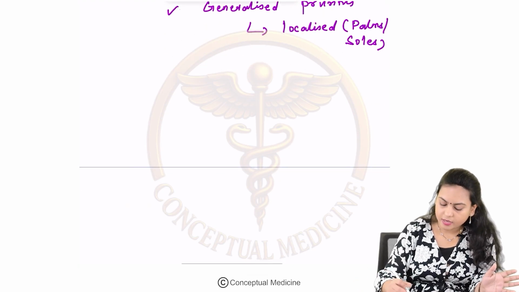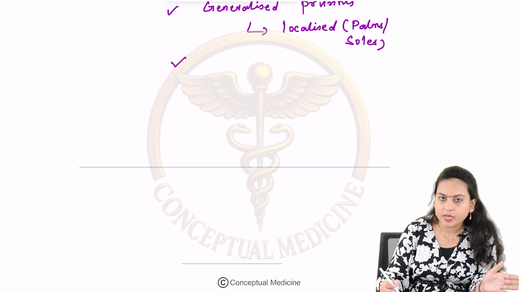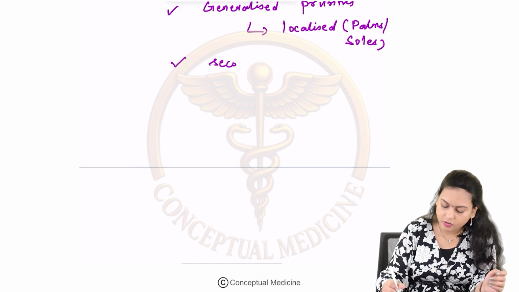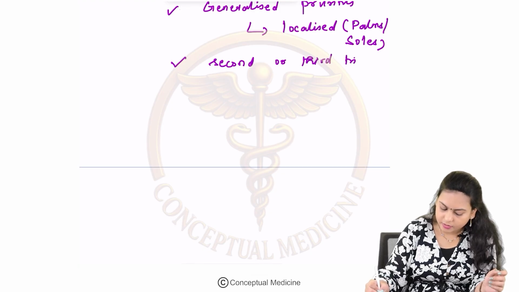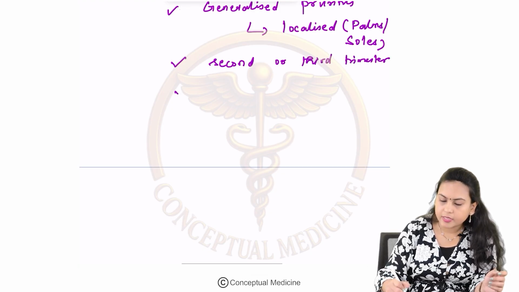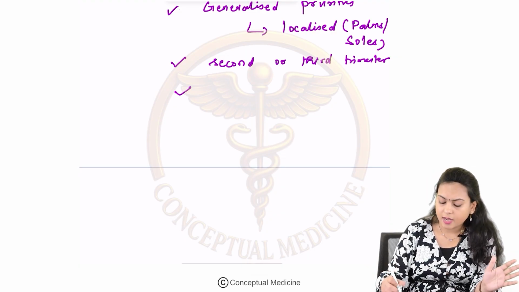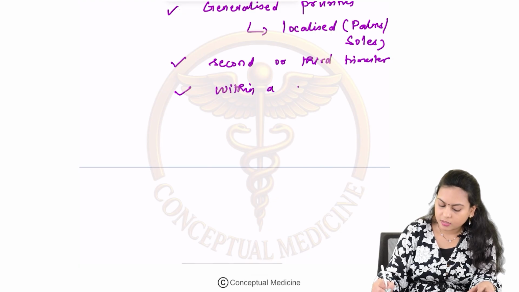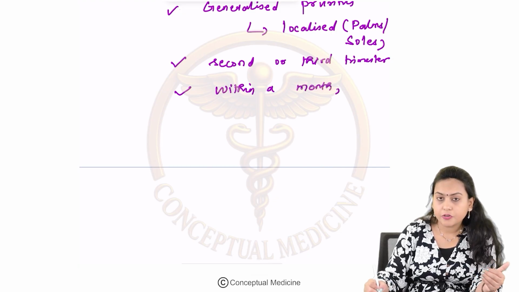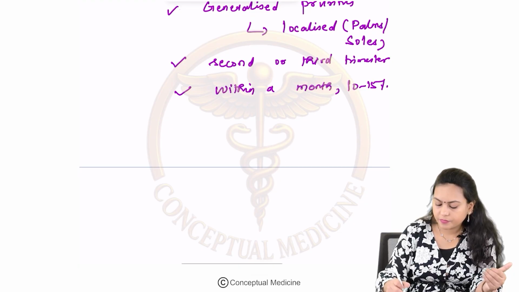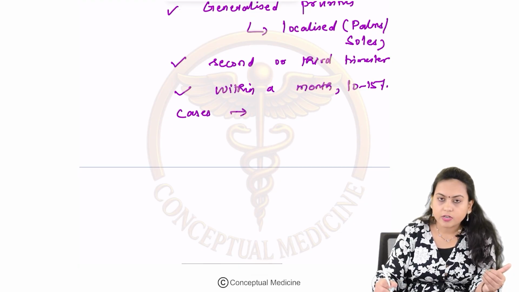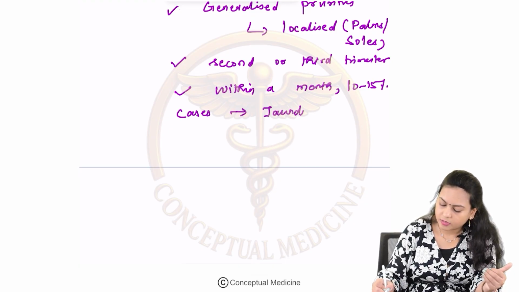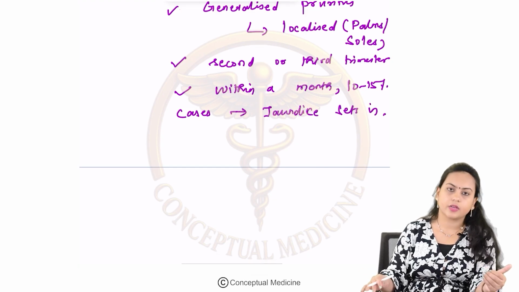It is most commonly seen in the second or third trimester. If pruritus starts, then within a month, in some 10 to 15% of cases, jaundice can set in. That is very important.